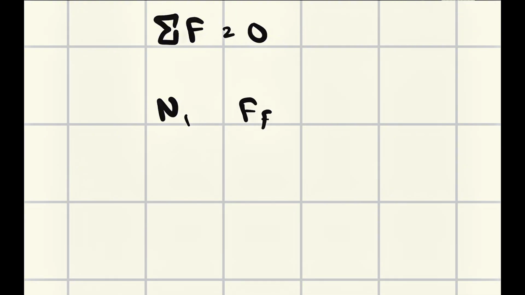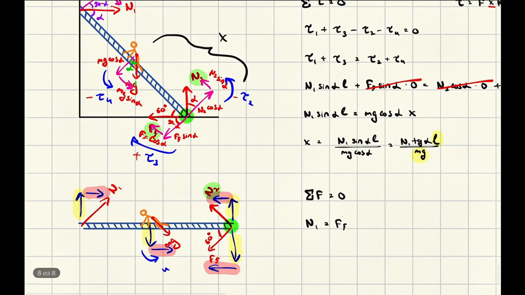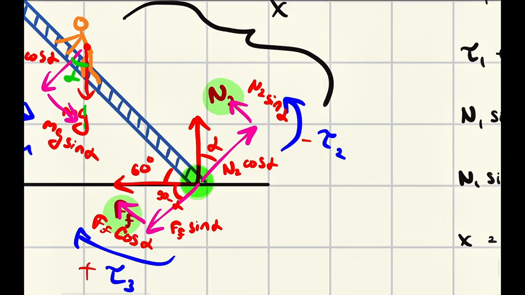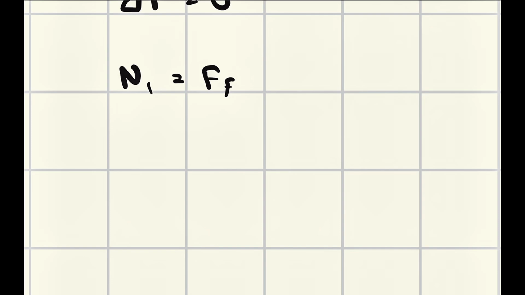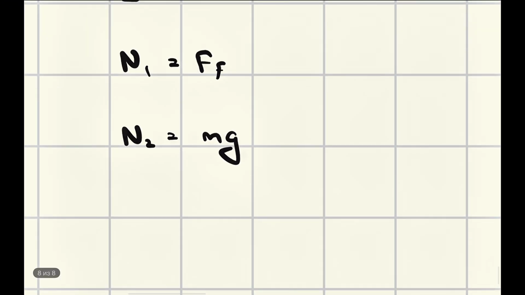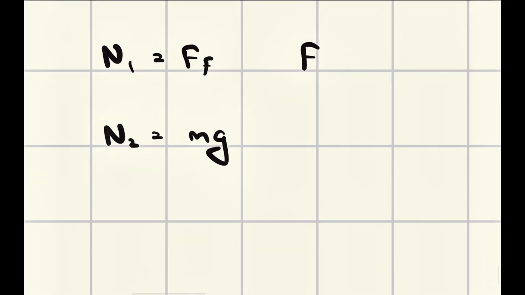If you ask me why, because I can just say normal force minus friction force equals 0. It's not moving. That's why I can just say that these two things are equal to each other. I can also say that normal force 2 is equal to mg, because it is also in equilibrium on the vertical axis. Well, I definitely know that friction force is just mu N2, right?